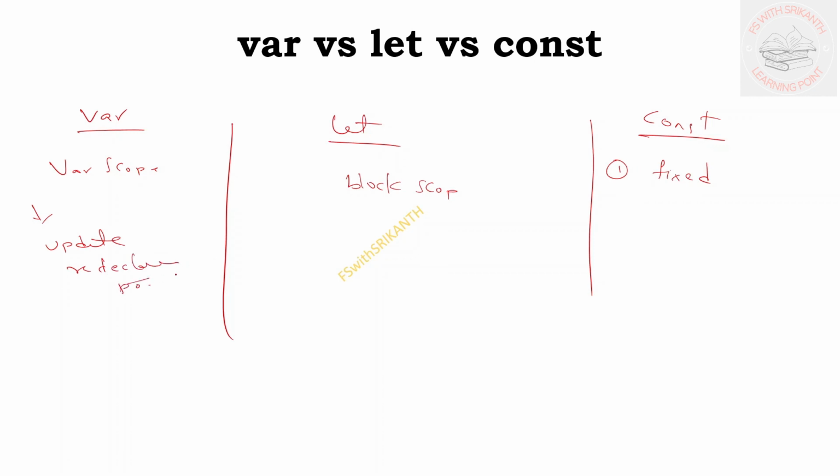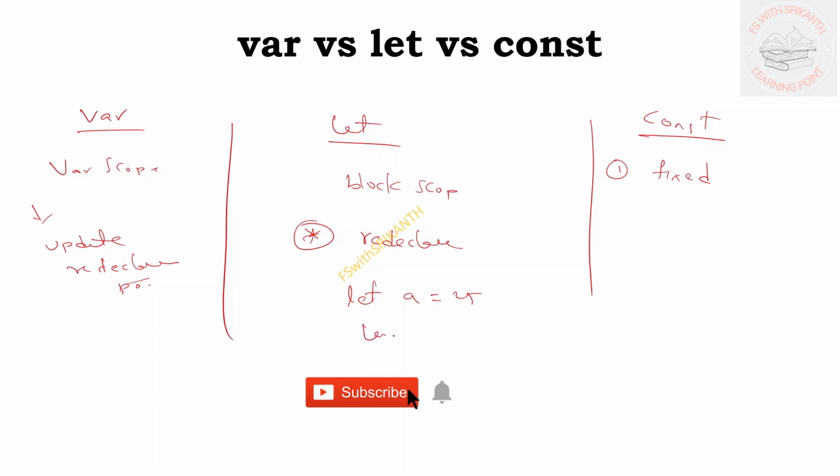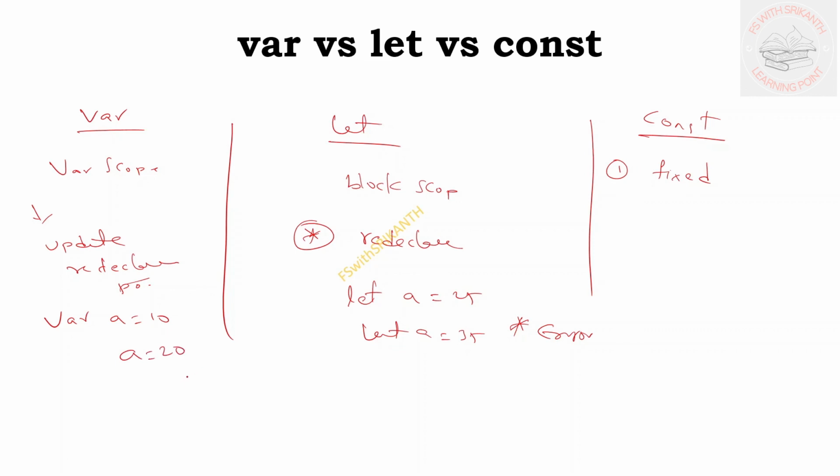Let works similarly to the var keyword, but let can never be redeclared. So if you try let a equal 25, let again a equal 35, it is an error. And when we do this with the var keyword, var a equal 10 and again var a equal 20, the output may be 20, the value is updated.